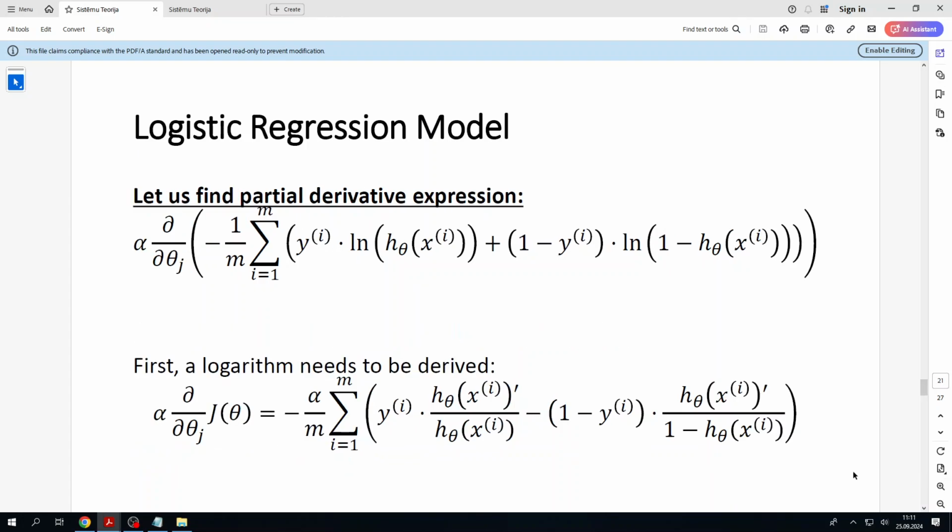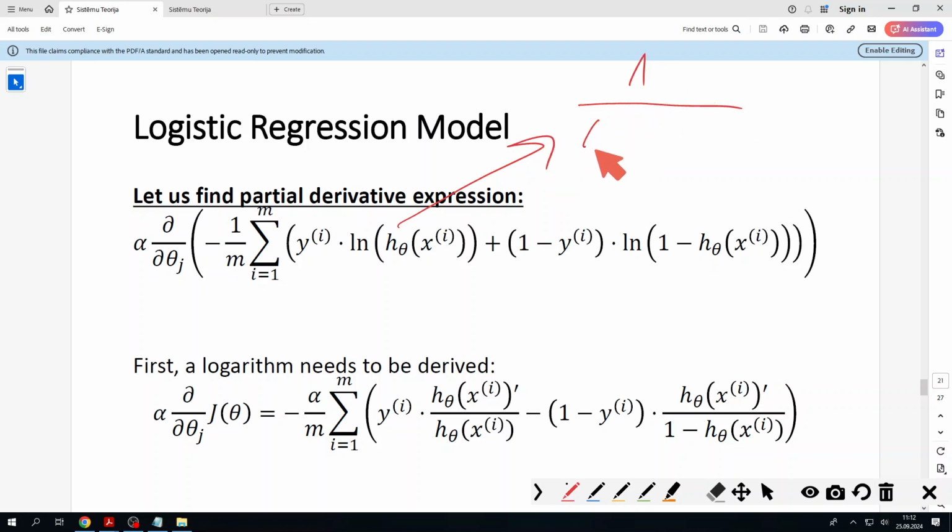So now let's try and get this derivative calculated for any arbitrary theta j parameter. I won't go through a separate formula for theta 0 or a separate formula for theta 1, because the procedure will be the same for all of them. Yes, so now you need to calculate this cost function. And also keep in mind that your h theta at this point is 1 divided by 1 plus e to the minus theta 0 minus theta 1 x1 minus theta 2 x2, etc. So this is how your hypothesis looks.